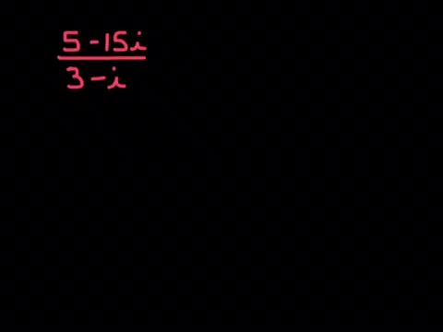Now let's do a division problem where we have a binomial in the denominator. 5 minus 15i over 3 minus i. Since the denominator is a binomial, I have to multiply by its conjugate. The conjugate is 3 plus i.